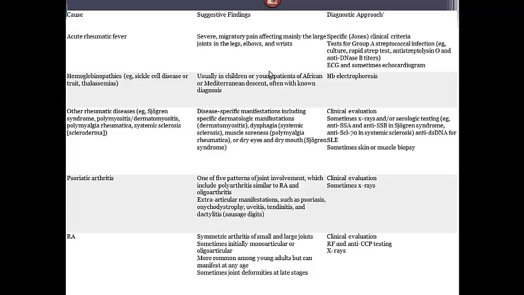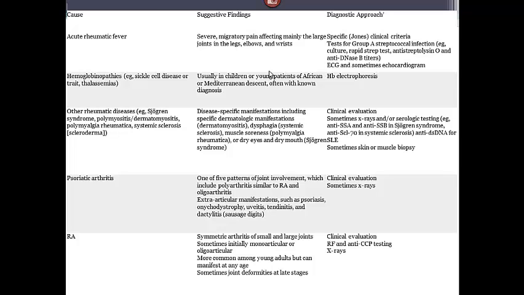This is very important to remember. Diagnostic approach, well, basically you test for streptococcal infection with a rapid strep test or cultures, or you could also do antibody titers, such as anti-streptolysin O. EKG and echocardiogram or chest x-ray, you basically do it to diagnose serositis.